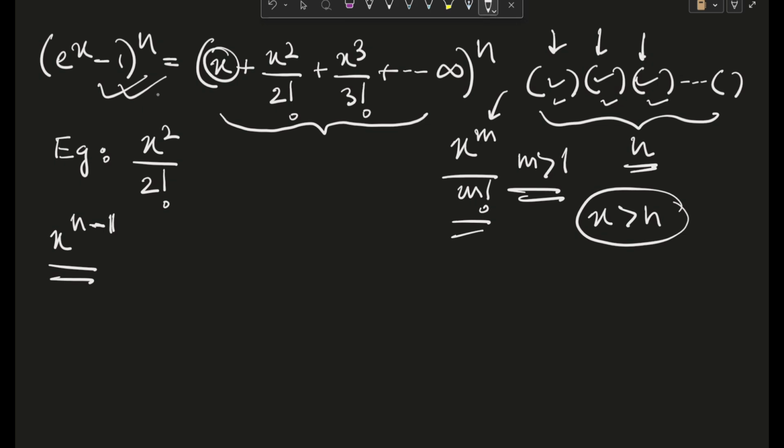I hope this was clear. So what I did was I took x from n minus 1 brackets. Say if these are the n minus 1 brackets, from each of these brackets I took x. And for taking the bare minimum case and checking what sort of change it can make, I am just taking from one single bracket that x square by 2 factorial term.